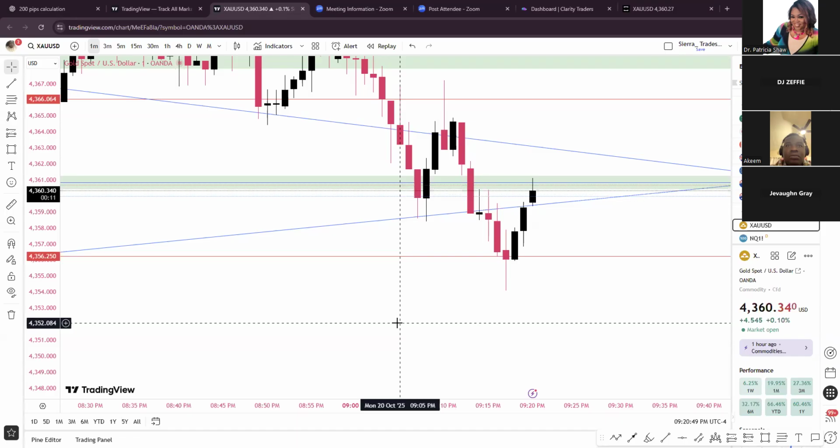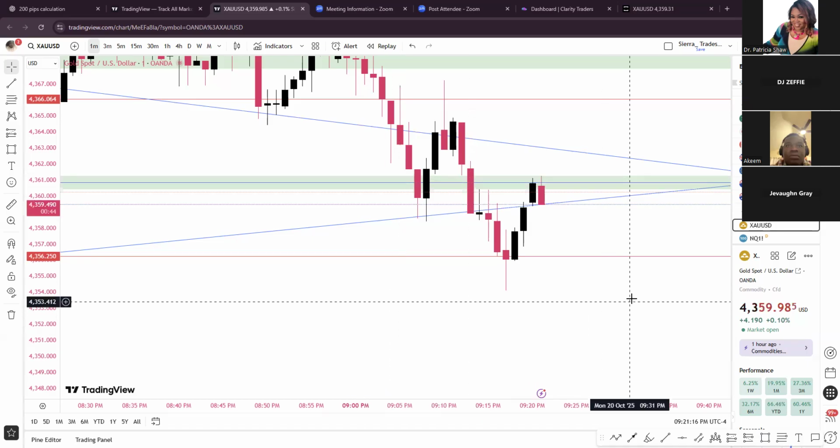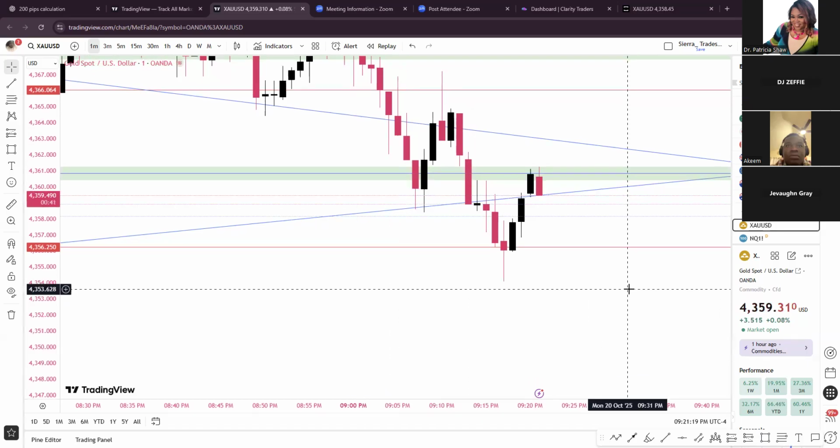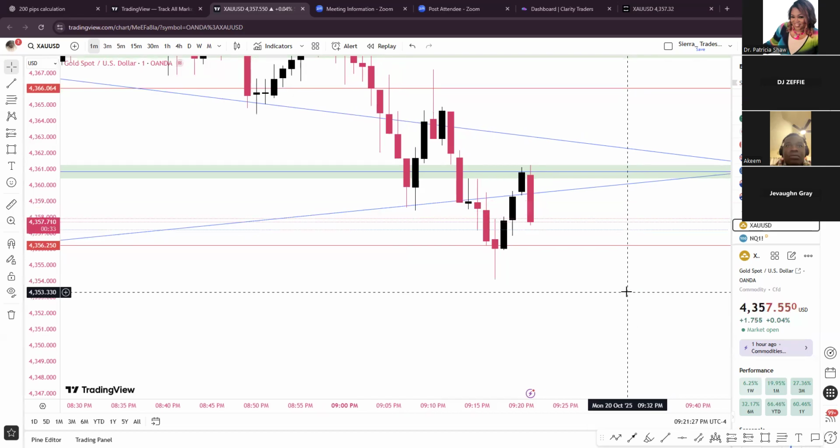I'm marking the gap up on my broker. All right, we got 30 seconds left in this candle.